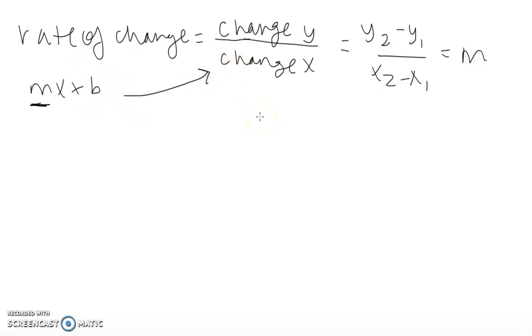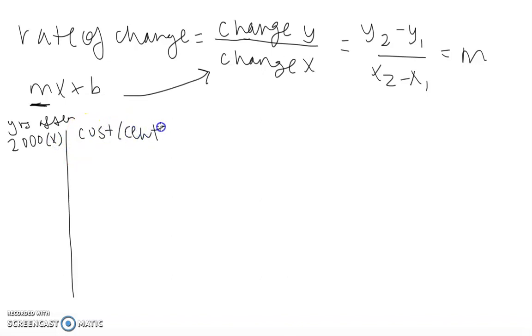So I'm going to write a little table on the side, and we're going to figure out the slope, which is called the rate of change. So years after 2000, the year 2000, this is the x value, and the cost, which is in cents, is the y value.